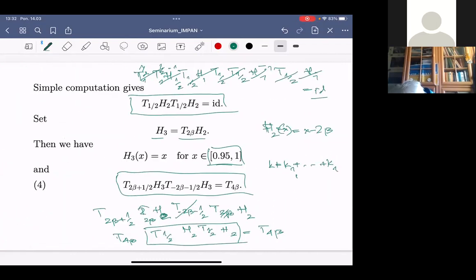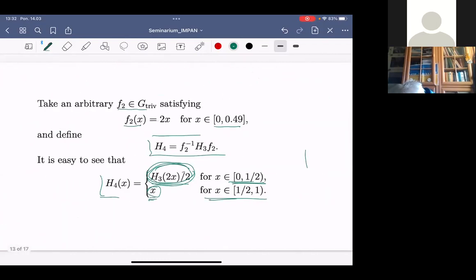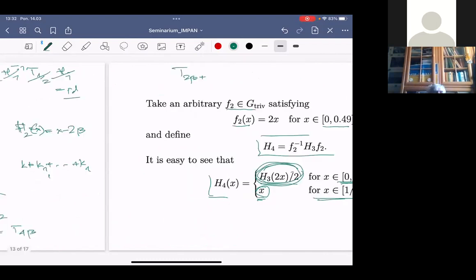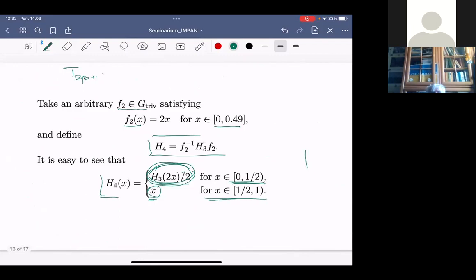But what do we know about H3? About H3, we know that it satisfied the following identity: 2 beta plus 1/2, H3, 2 beta minus 1/2, H3, and it was equal to T 4 beta.